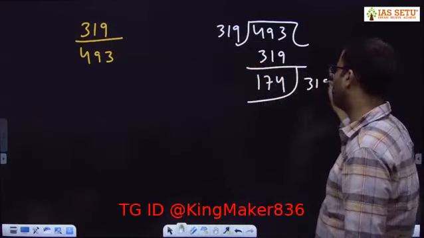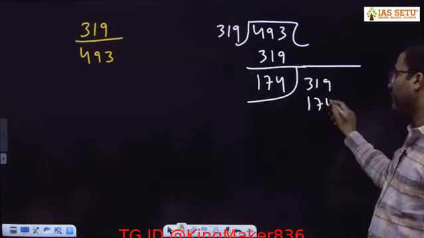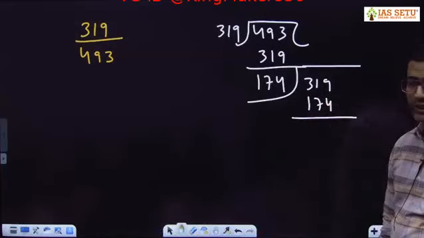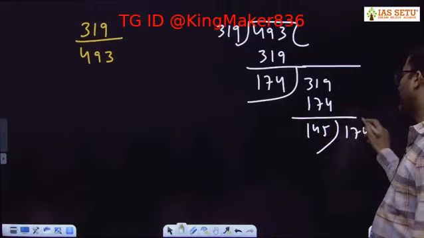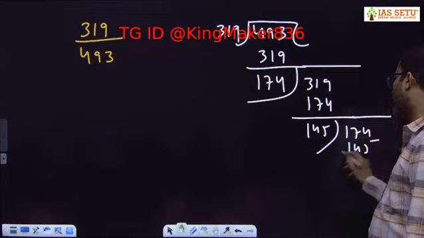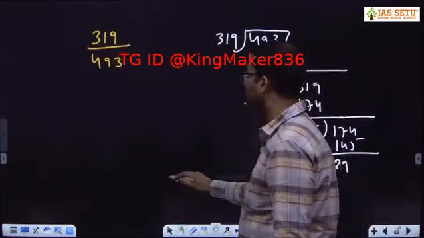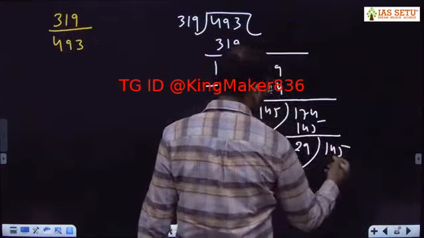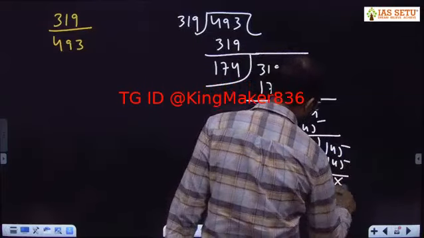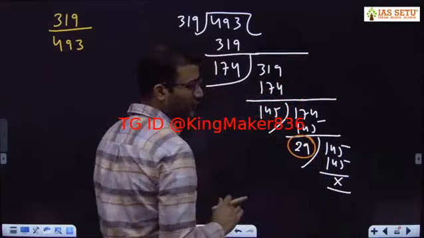Then 174, again we repeat the process. We take remainder 145. Here 174, 145, 29, and our last divisor is 145. 29 5s are 145. So your last divisor is 29. So it is your HCF.